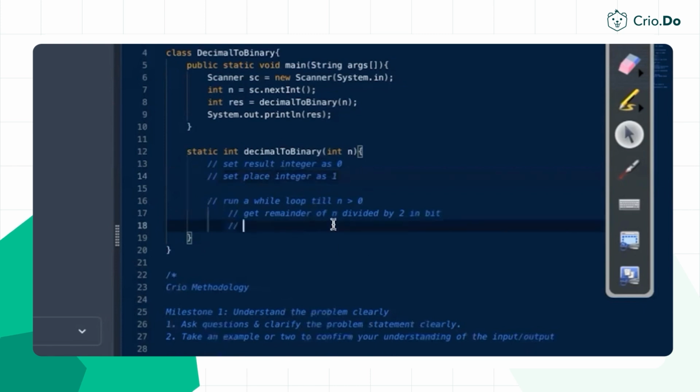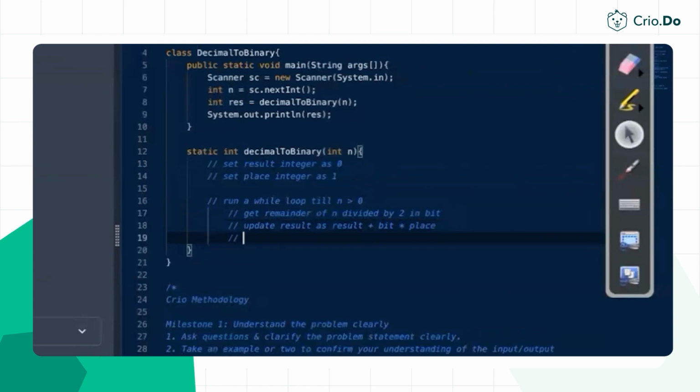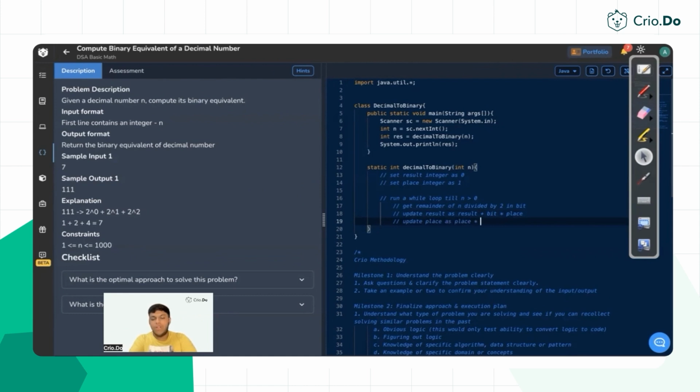What we have to do to form the resultant? Update the resultant as the previous resultant plus the new number, that is the bit value, but this bit value should be multiplied with the place value, that is 10 to the power 0 or 10 to the power 1 or 10 to the power 2 and so on. And every time place value will get updated by 10. So update place value as place value into 10.